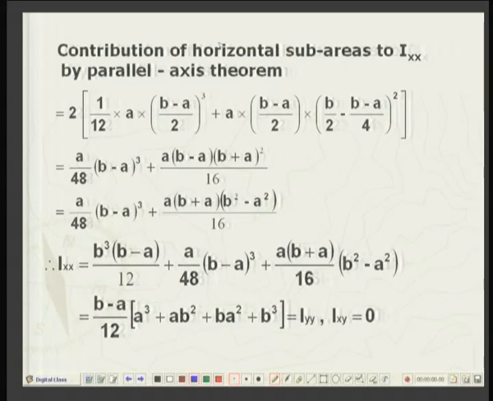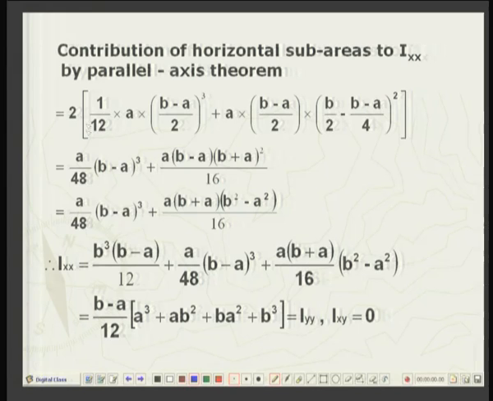Well, the factor of 2 is because there is one horizontal rectangle above the middle plane and one below, the contribution being the same. So, we are taking twice 1 by 12 into a, that is the width of the rectangle, into the depth cubed.